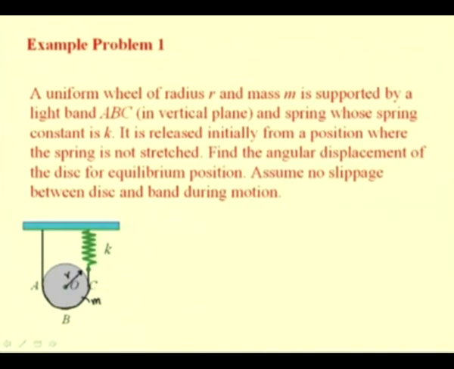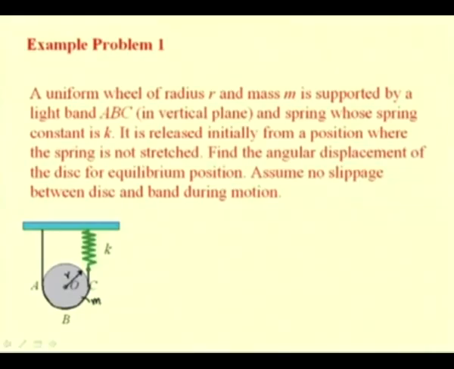That means the spring force and the weight of this disk will be balanced, and that will be the equilibrium position of this disk, and we are interested to find the angular displacement of this disk for reaching this equilibrium position. We assume that no slippage occurs between the disk and the band during the motion.